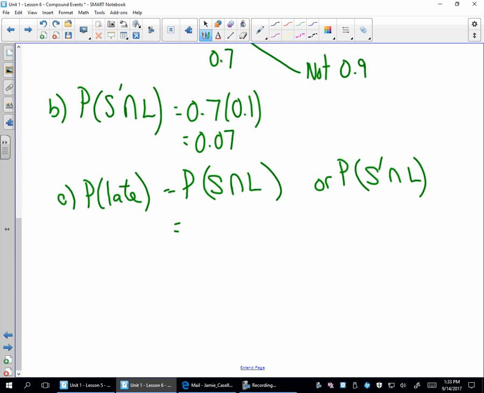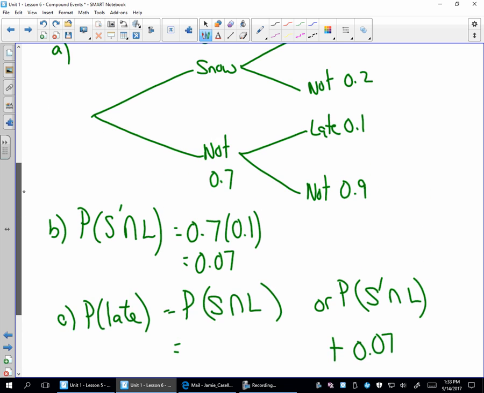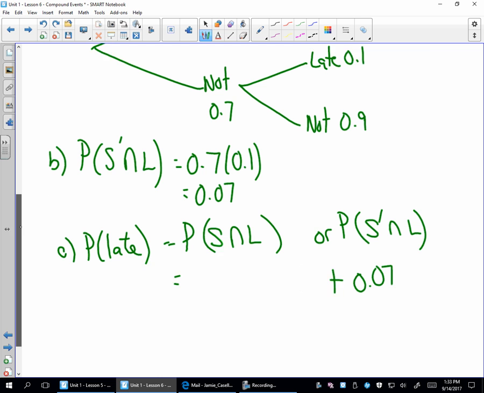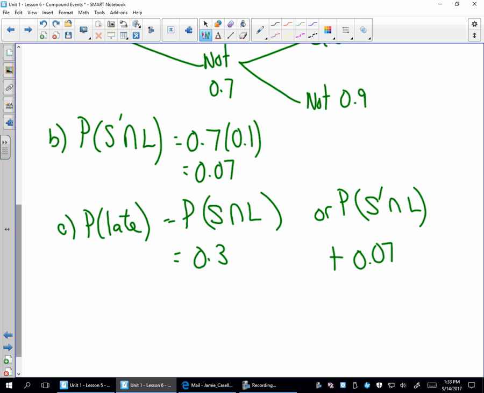I've already figured out the second one. That's part A, 0.07. I can figure out the first case by going back to my tree diagram. Snow and late. Snow is 0.3, late is 0.8. So 0.3 times 0.8 will give us 0.24 plus 0.07, or in other words, there's a 31% chance he's going to be late tomorrow.